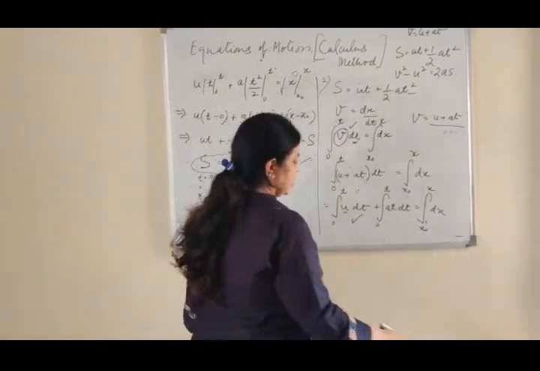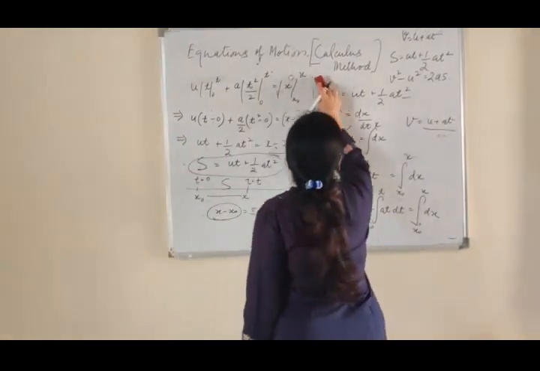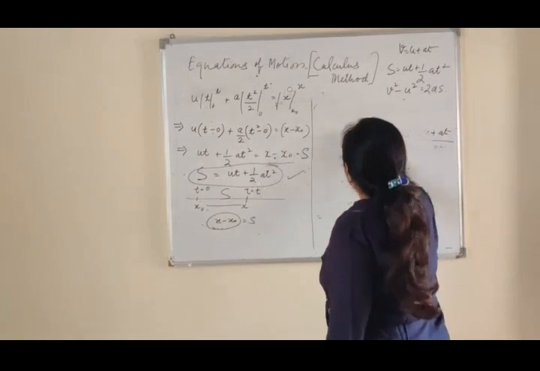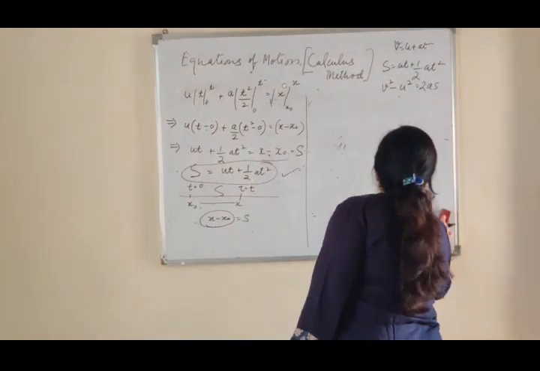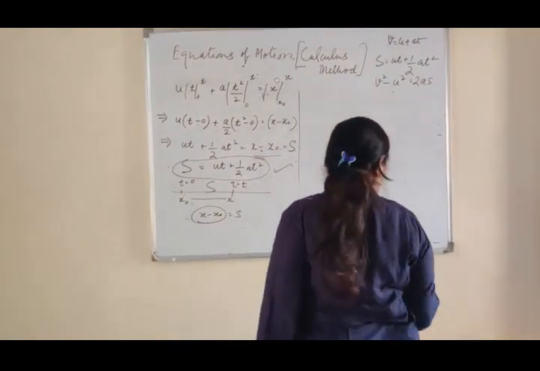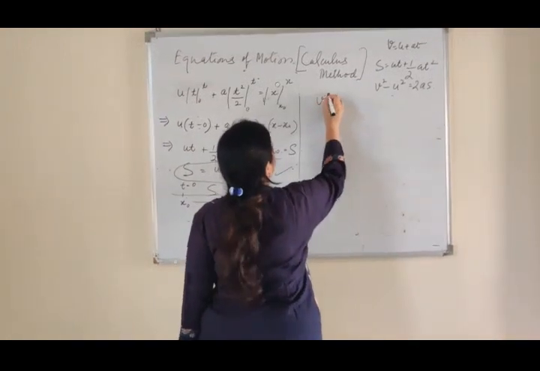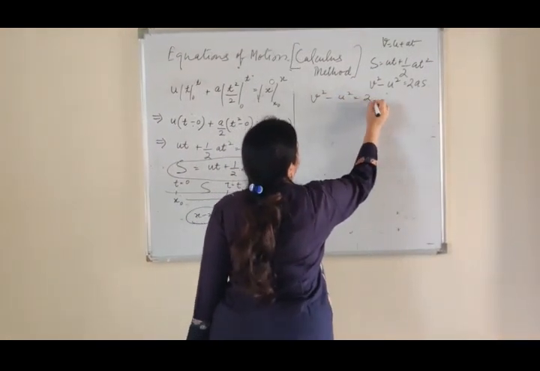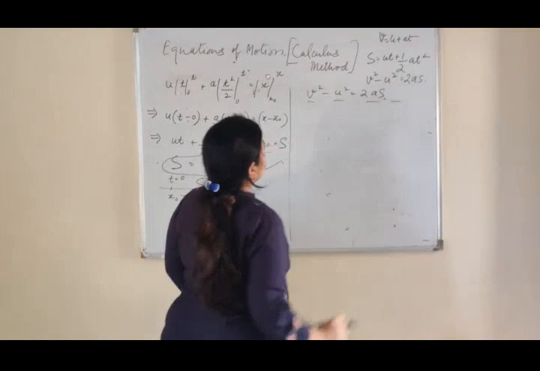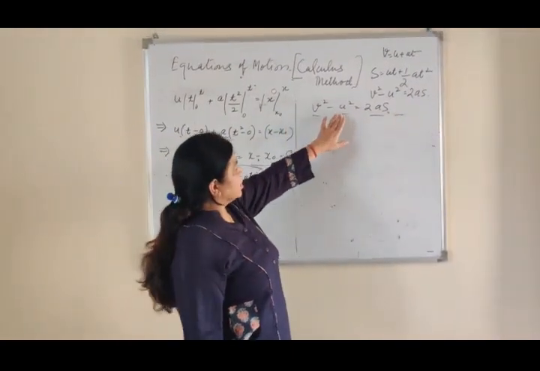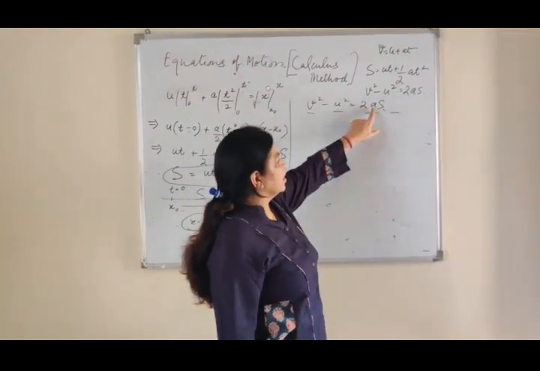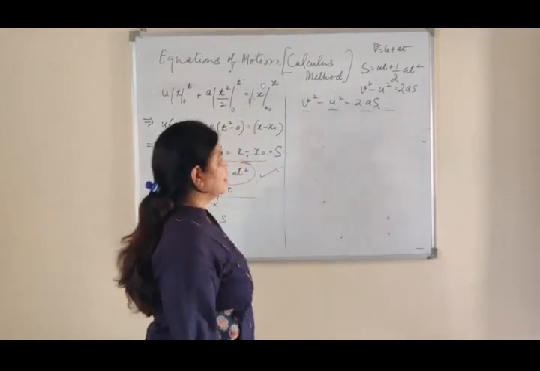Now similarly, we can derive the third equation, that is v square minus u square is equal to 2as. Here again v is the final velocity, u is the initial velocity, a is the acceleration and s is the distance.